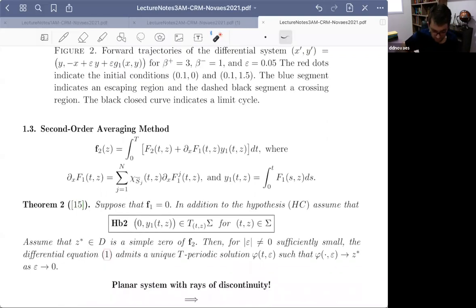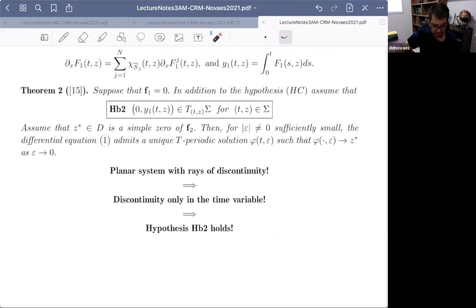We discovered that actually this function does not always control the bifurcation of limit cycles. We have to impose a new hypothesis in order to have that this second order averaging function control the limit cycles of the previous system that I have introduced.